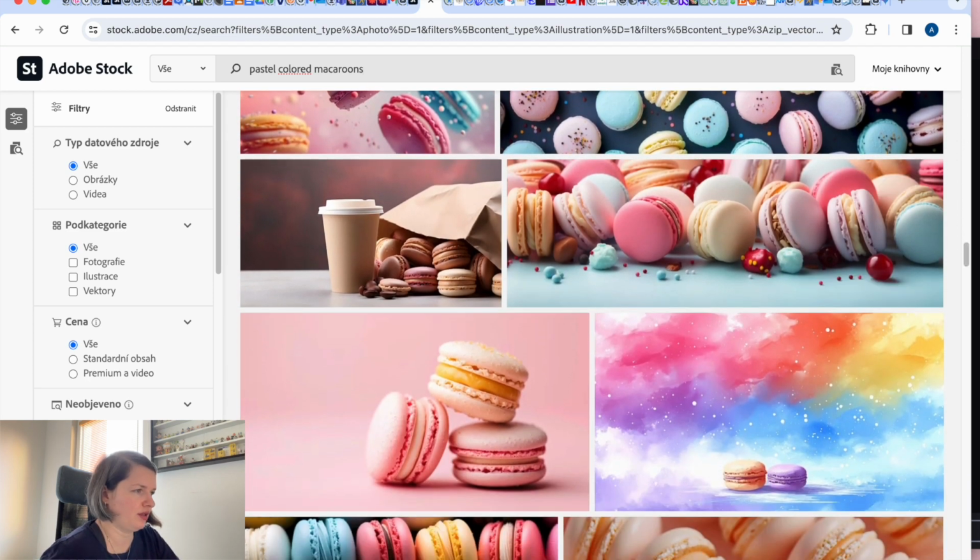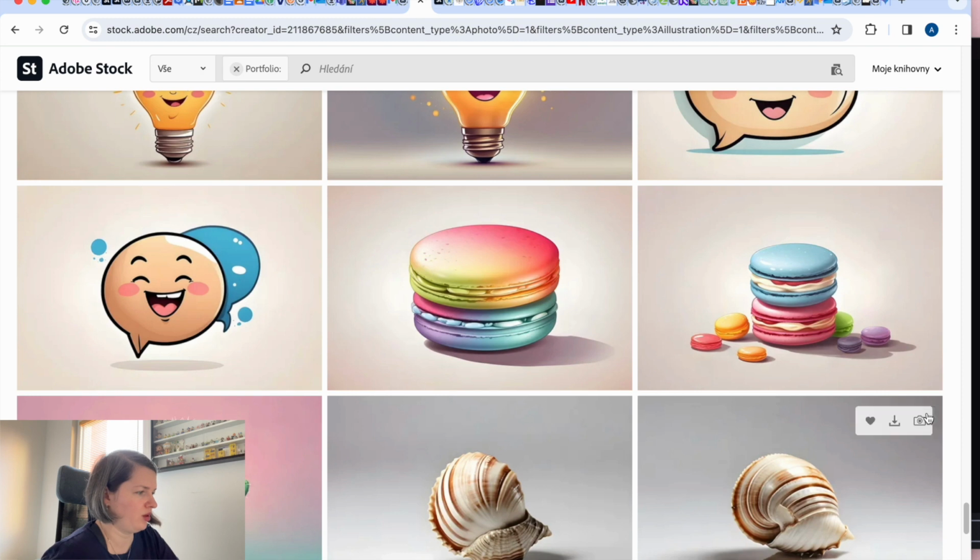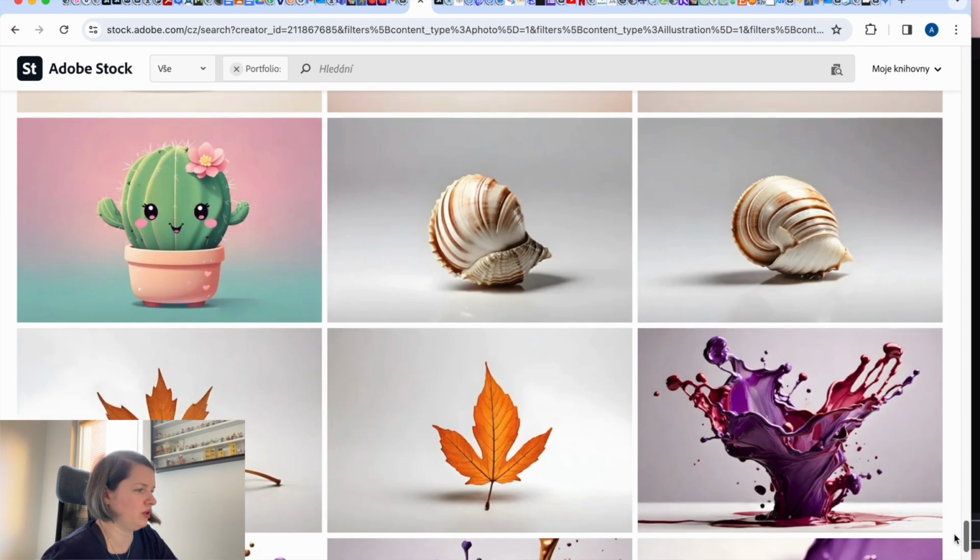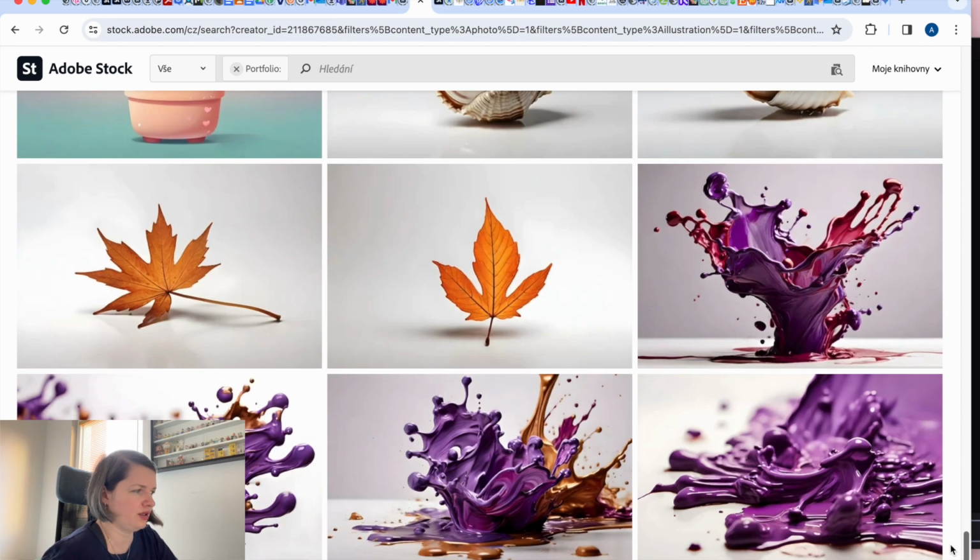So as I said, just try to compare what you are doing to the rest, and you can see if your images are better or not, and if they are not better, then there is a big chance that they are not going to be selling.